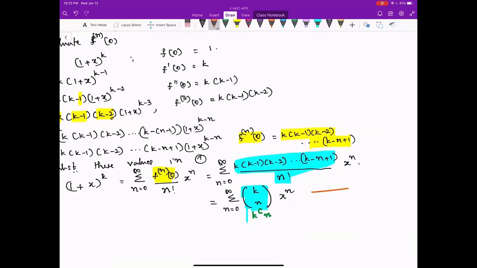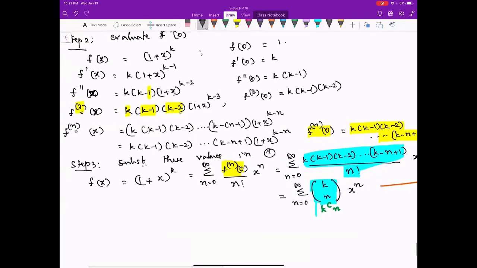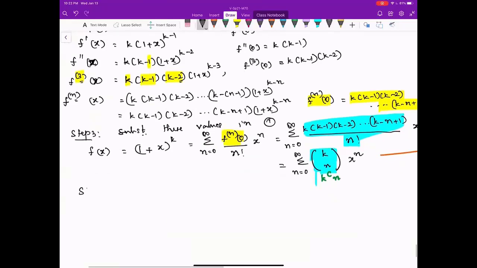Now we have got the Maclaurin series representation. Now, the next step, we have to find out the radius of convergence, where this series converges. So finding the radius of convergence is by the ratio test.